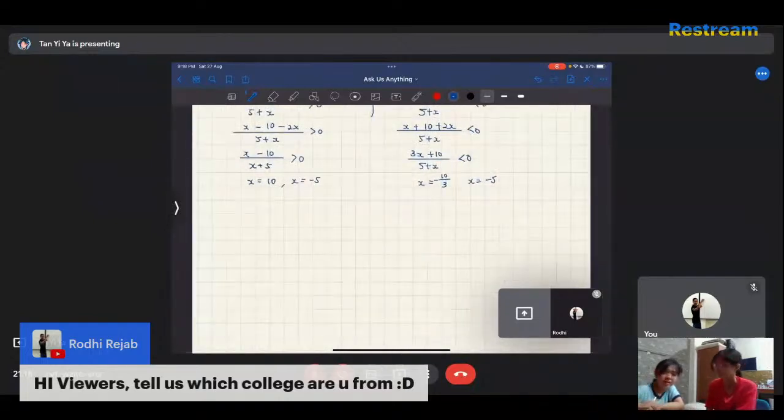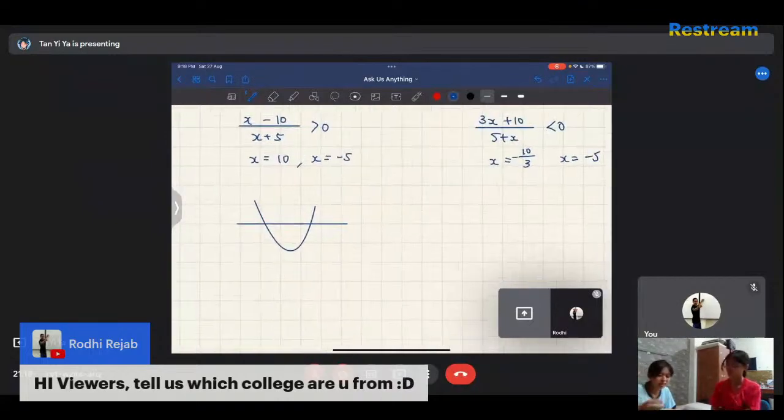Each of those, I'll do it later. Each of one, we do a smiling graph method because we have two values over here and we don't know which one is bigger or which one is smaller. So when we have two values like this, we do smiling graph.